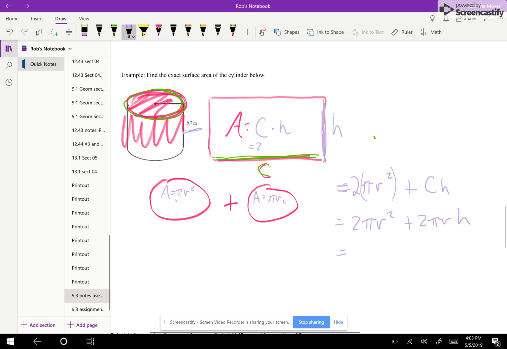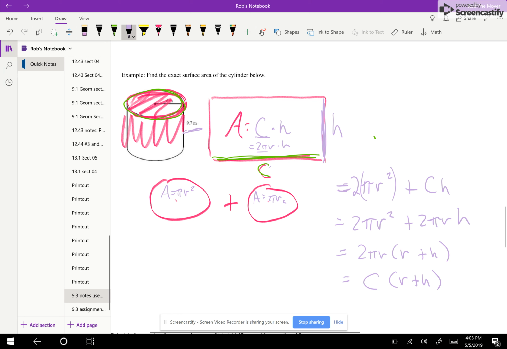This is also 2 pi r times h, because 2 pi r is the circumference. And then we could factor out the 2 pi r, say it's 2 pi r times r plus h if you factor it, which again, you could just turn back into circumference if you want, r plus h, okay?